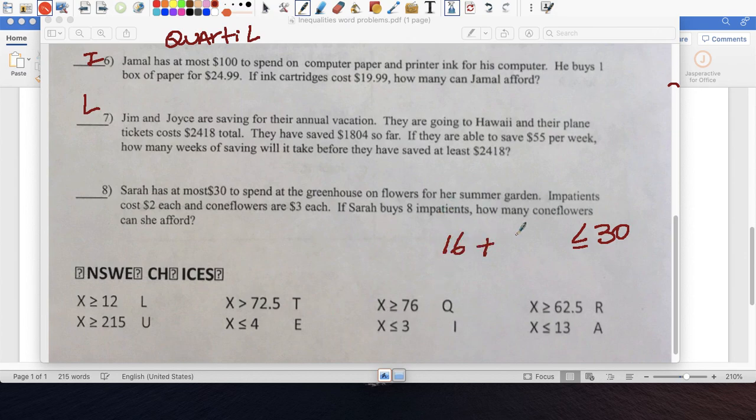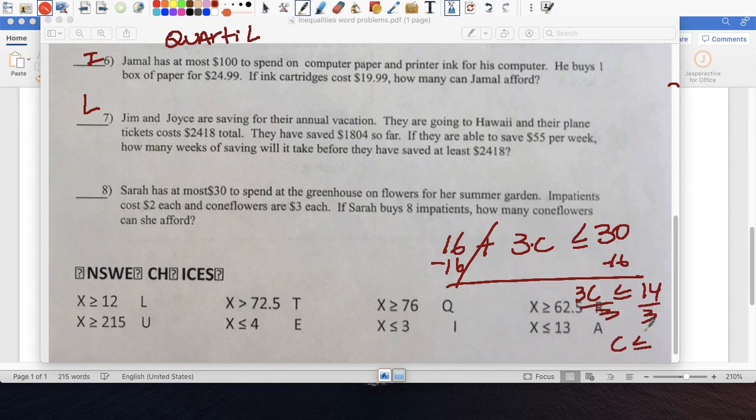And then we're trying to figure out how many cornflowers at $3 each we can buy. Minus 16, minus 16. That goes away. 3c less or equal to 14. Divide both sides by 3. The number of cornflowers that she can buy is 4.67. So obviously you can't buy 4.67 of a flower. So the greatest number of flowers that she can buy is going to be 4 or less. And there is our answer.